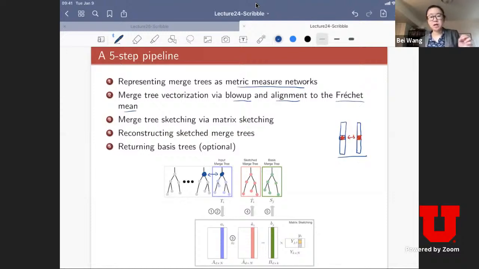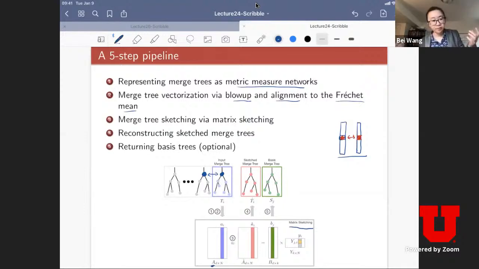And then step 3 is applying, once you have converted the trees into vectors, you combine the vectors together to form my data matrix. And then I'm just going to apply matrix sketching techniques. You can do a number of matrix sketching techniques here, so the framework is very general.